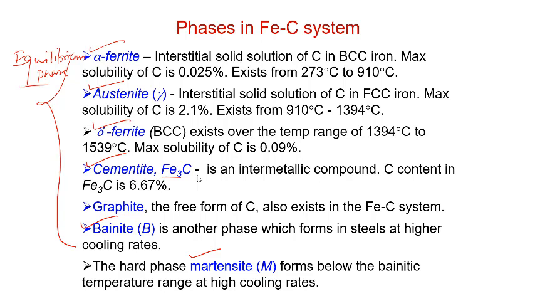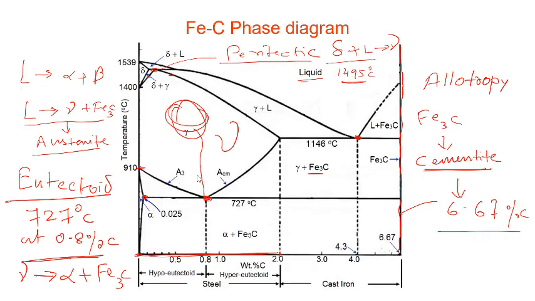And we have also seen that this phase forms the limiting boundary on the right hand side of the phase diagram. 6.67% is the solubility of carbon in cementite, and that's what you see right on this boundary on the right hand side. That is where this diagram is terminating. So that vertical line at 6.67% basically represents the cementite phase.